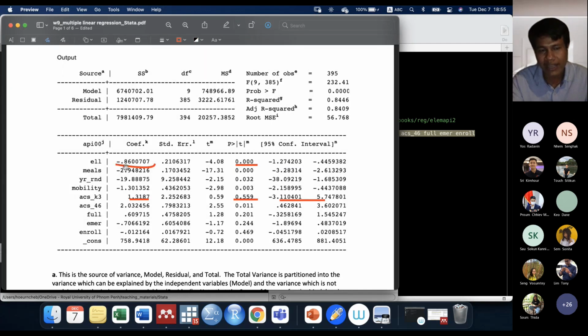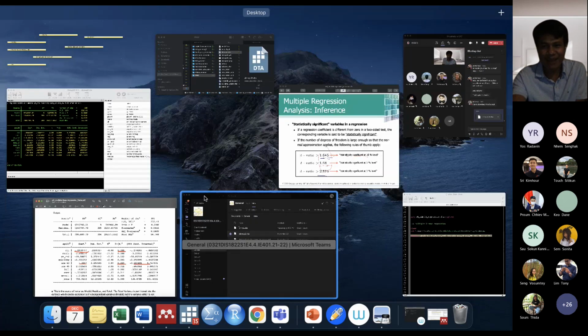Do you believe it is negative or positive? If you believe it's positive but it is negative, you need to readjust your model, dropping some variables or adding some variables. Questions? Are you following me, class?